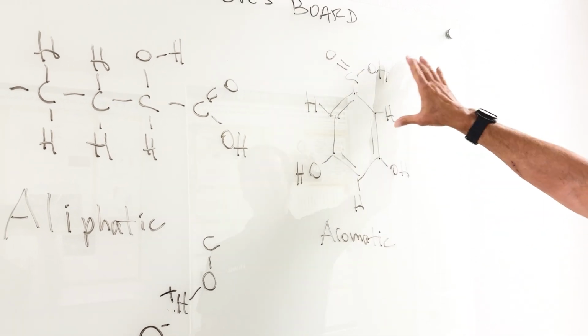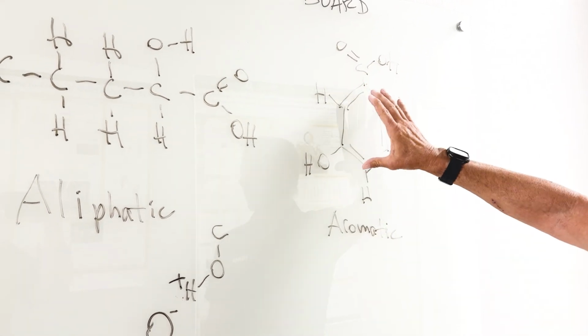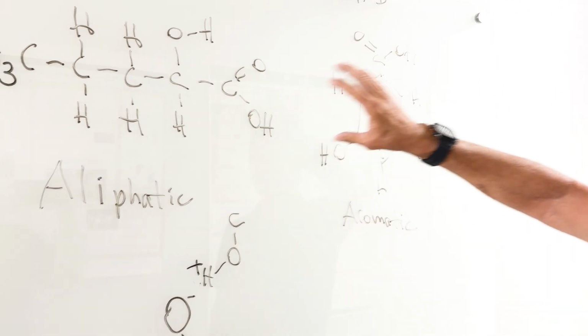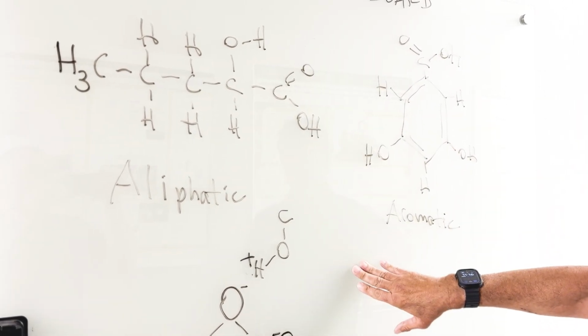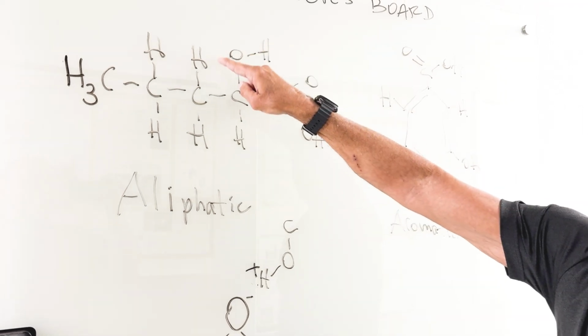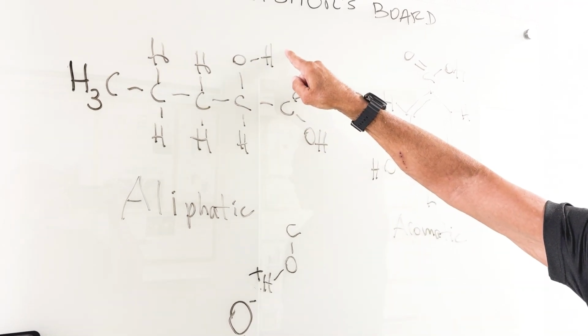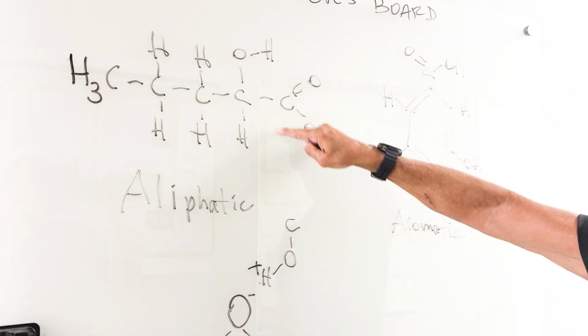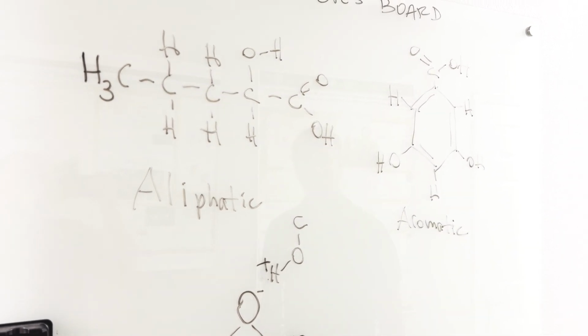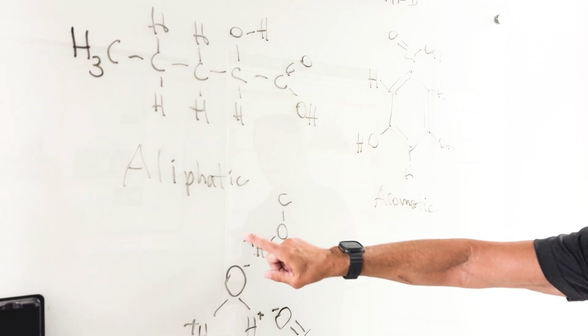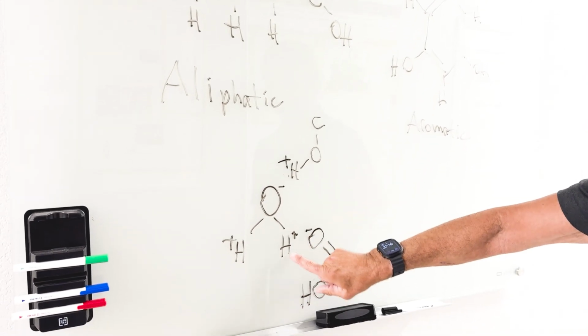And then you can have a couple of benzene rings attached to each other. Both of these aliphatic and aromatic molecules have what we call oxygen-containing functional groups. For example, they can have an alcoholic group, or they can have a carboxylic group like acetic acid, otherwise known as vinegar. And so when these are in water, here's a water molecule here.